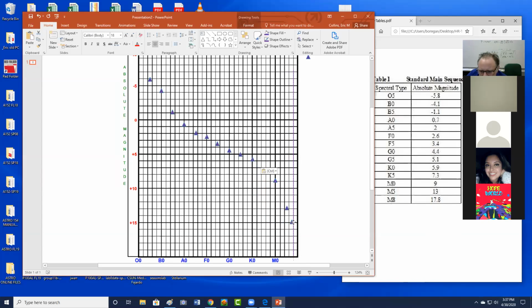That's all the way down here. 15, 16, 17.8, all the way down there. Is everybody okay with this one? Yes. Kieran? No.